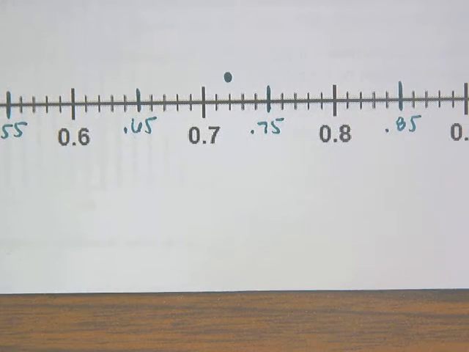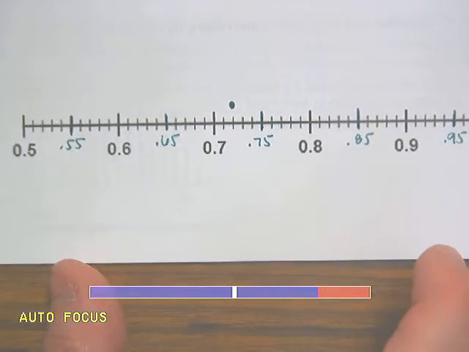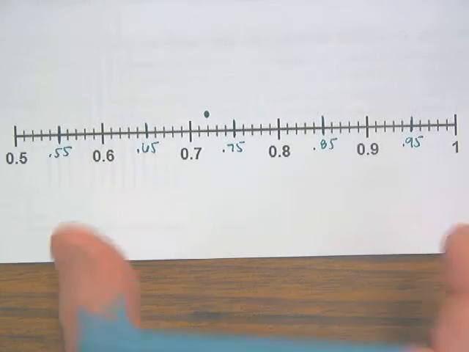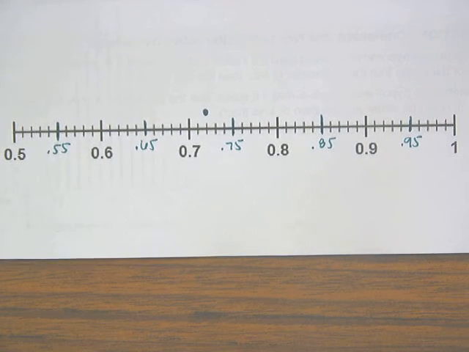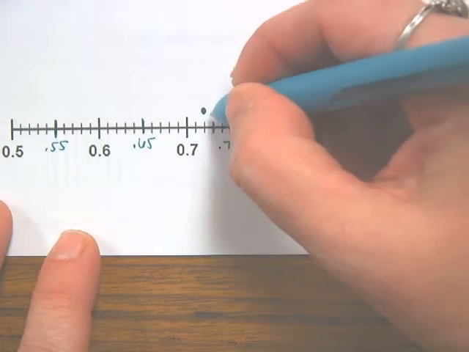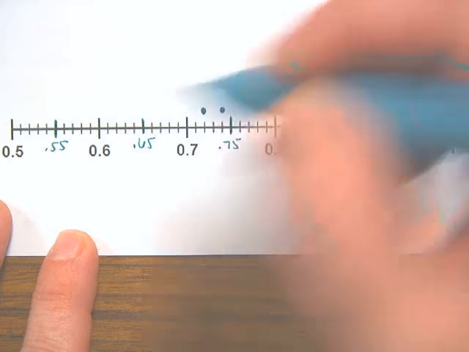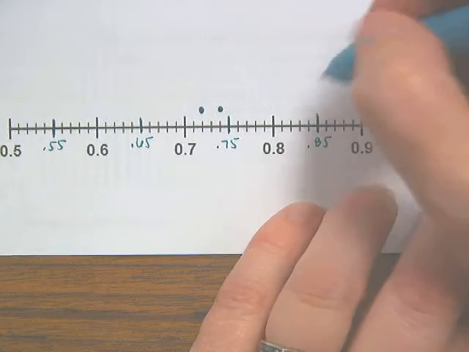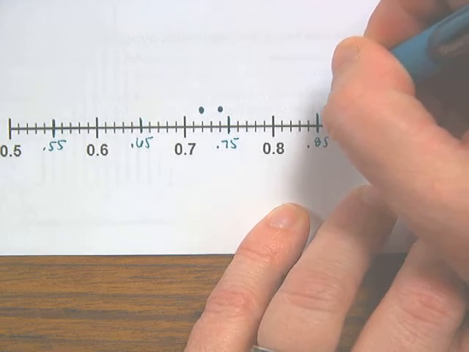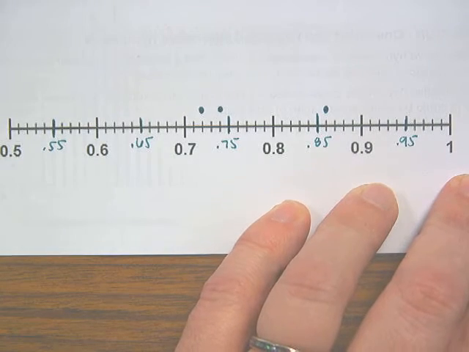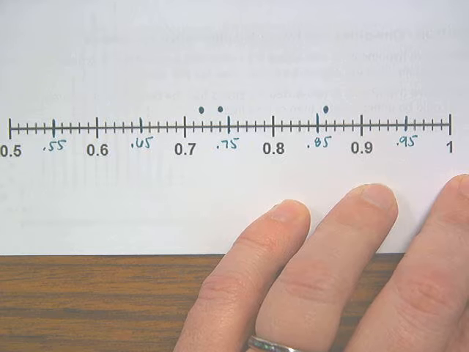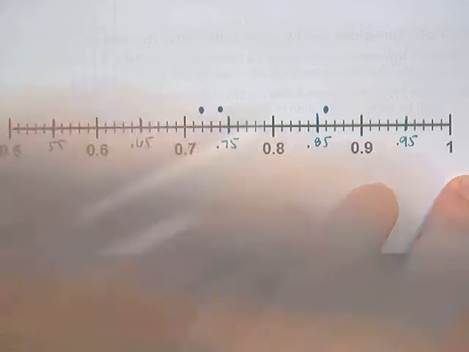All right. Let me zoom out just a tad. Okay, Aiden. I got 0.74. Okay? 0.86. Okay? I don't care who goes next, Mason or Jacob. 0.68.